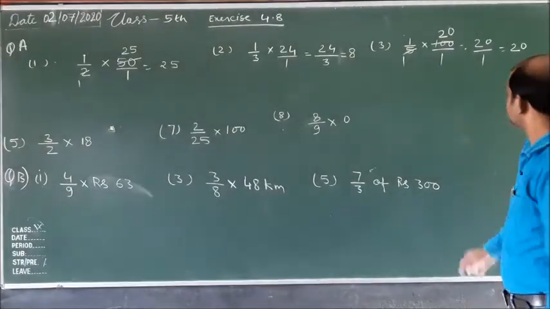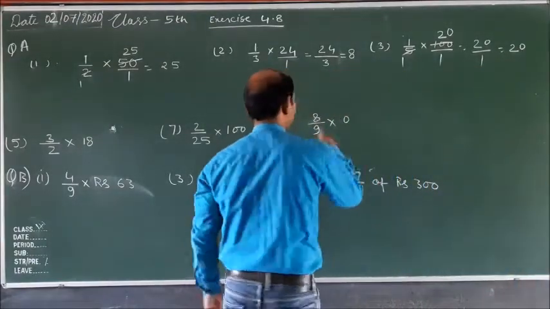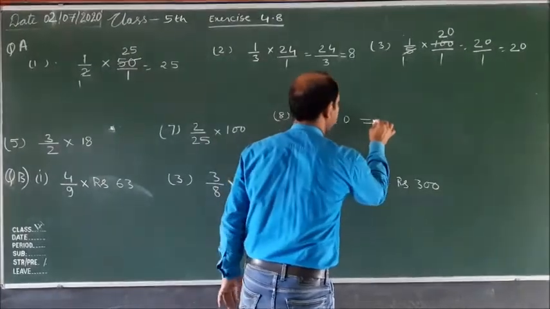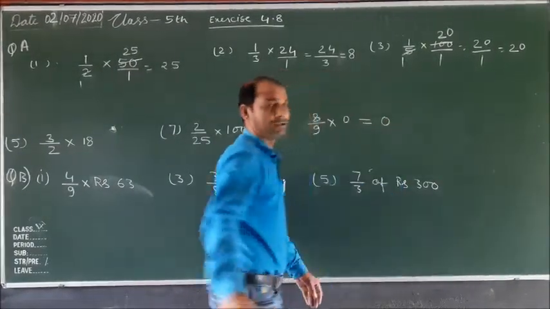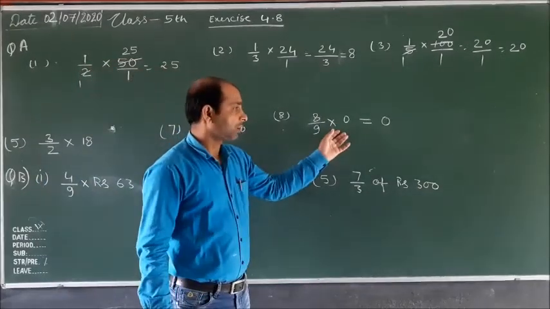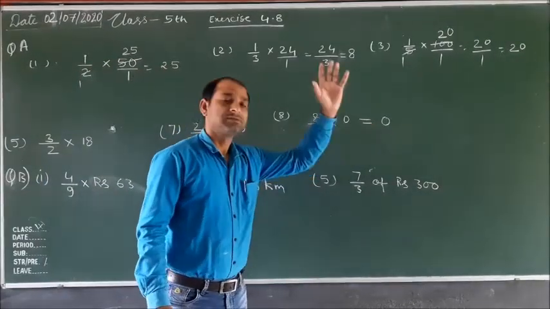Okay my dear students, if we multiply any number by 0, your answer is always 0.